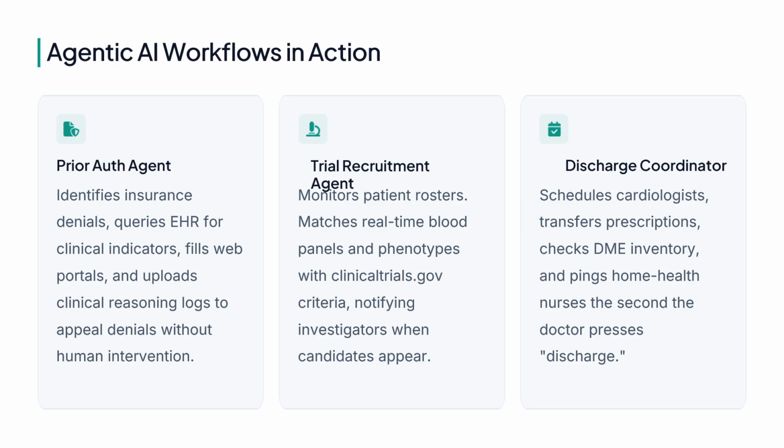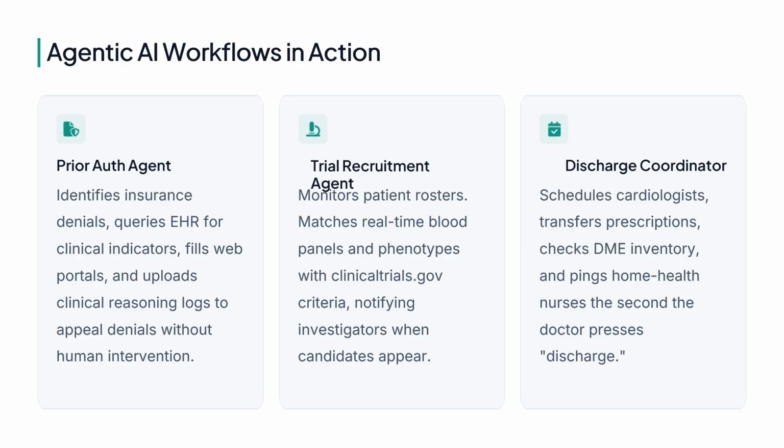So you're not doing anything over there. Another one is a recruitment agent. Here the agent monitors patient rosters and incoming lab results, and when a patient's information matches a clinical trial criteria, it automatically flags the primary investigator, right? So you don't miss any candidates. This is, of course, especially important for clinical researchers.